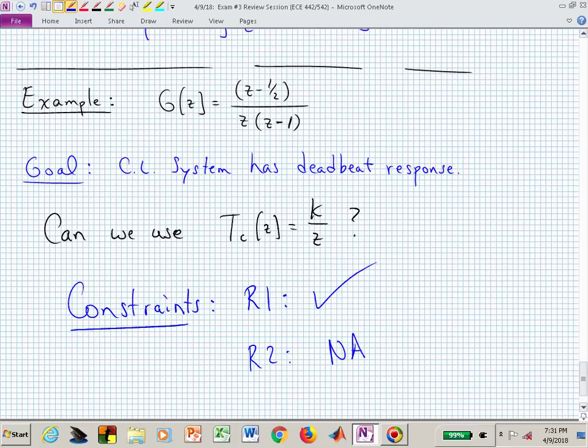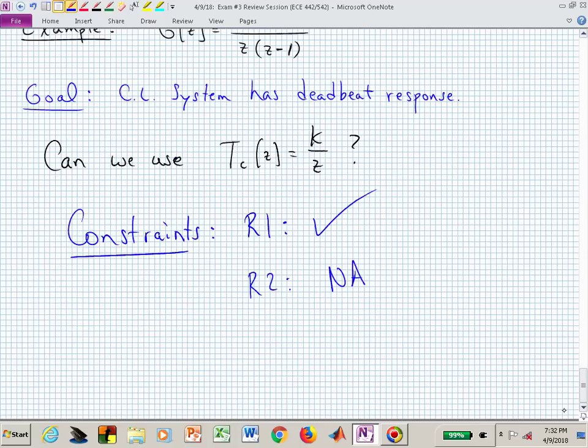We didn't have any unstable zero factors in our plant. We had a 0, but it was inside the unit circle. It's at 1/2, so we're okay. We don't need to worry about restriction 2. Boy, he must have failed in designing this problem. There's nothing to do.